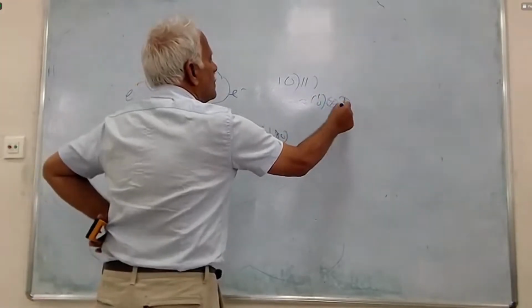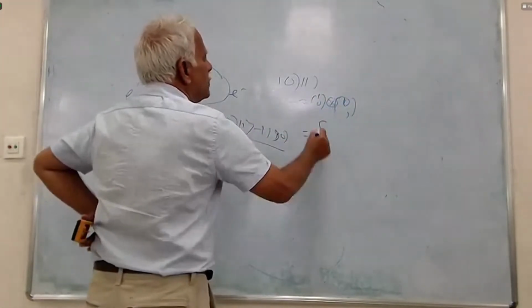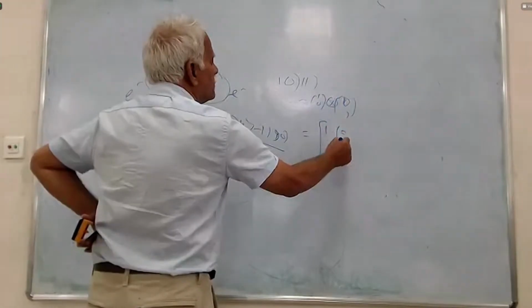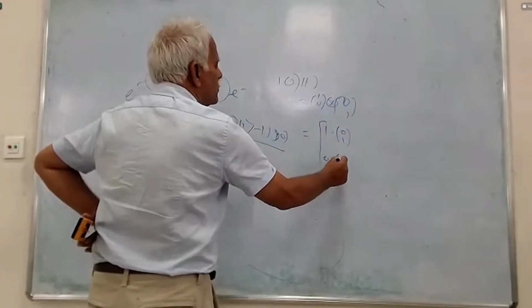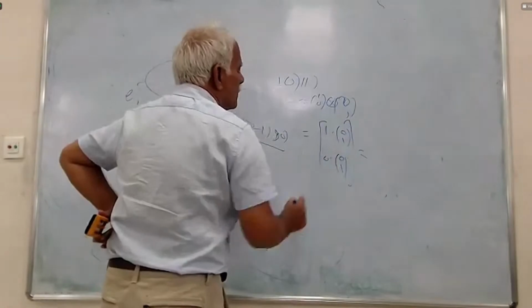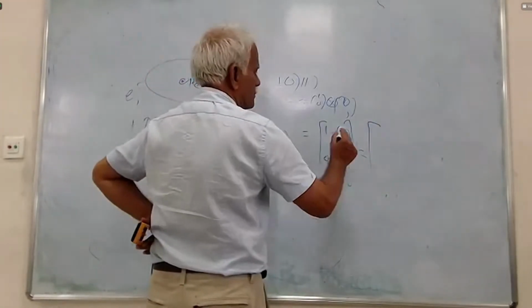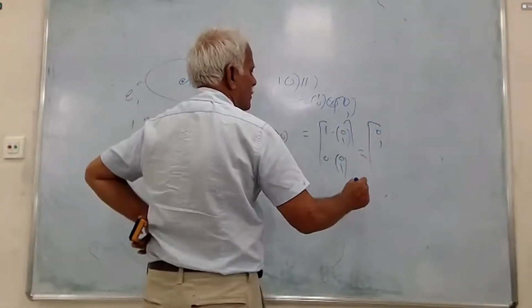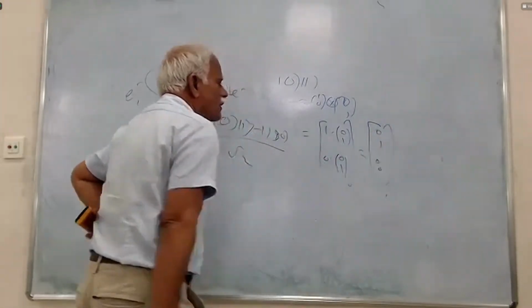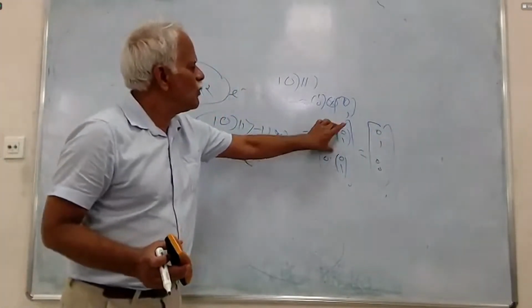Direct product is 0, 1. What is it? 1 times 0, 1, 0 times. So that's the calculation.